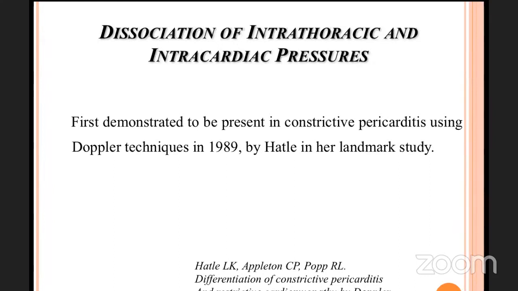The second hemodynamic abnormality is the exaggerated ventricular interaction, by which I mean one ventricle is filling at the expense of the other ventricle because of limited space available in the pericardial sac because of thickened pericardium. This forms the basis of differentiation between restrictive cardiomyopathy and constrictive pericarditis.